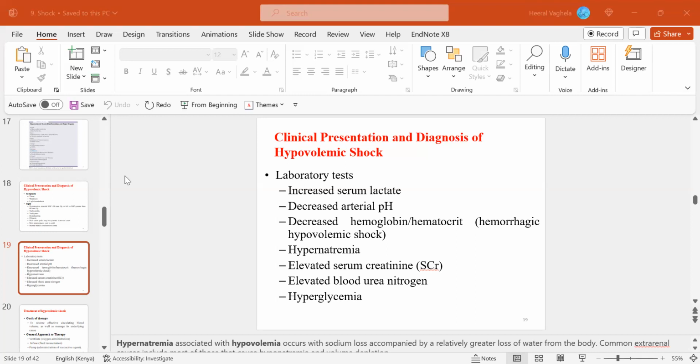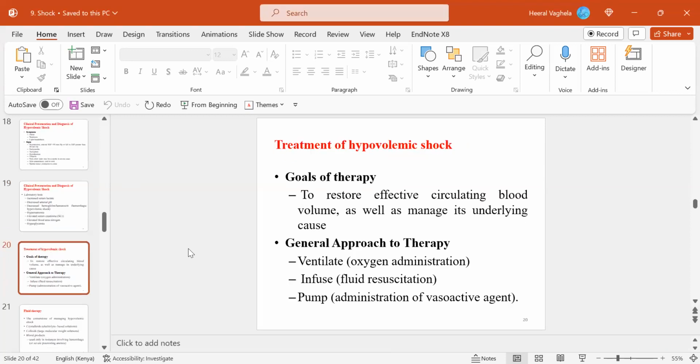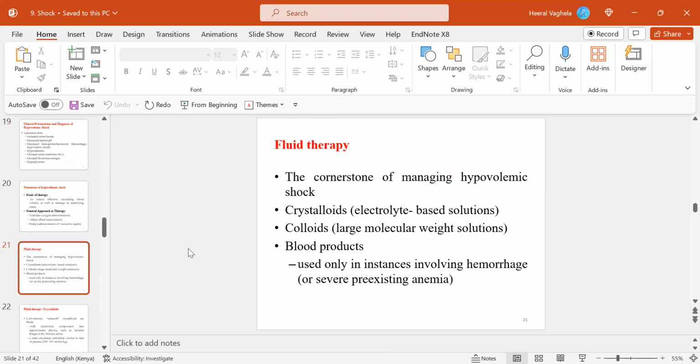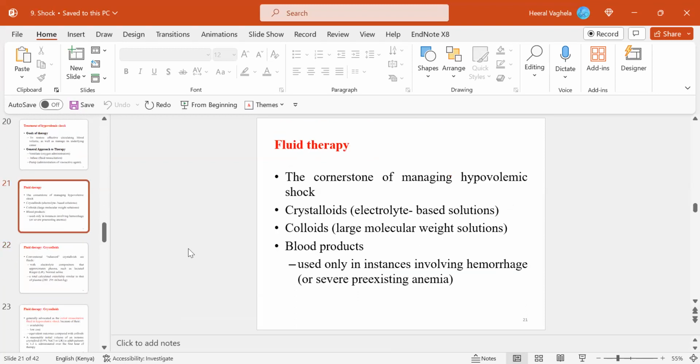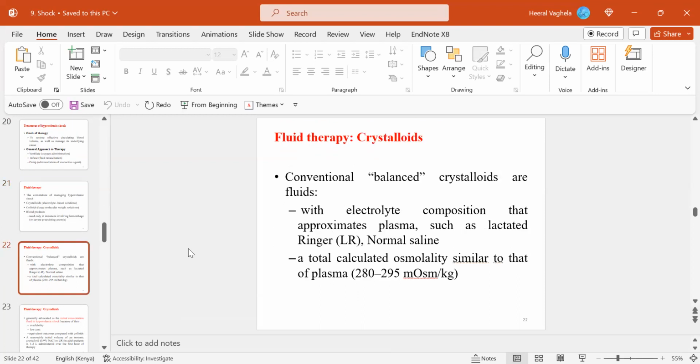Okay. So since we know that there's less blood volume, the first thing you would give is these solutions to increase your blood volume. So the first one would be crystalloids, which is normal saline or lactated Ringer solution.